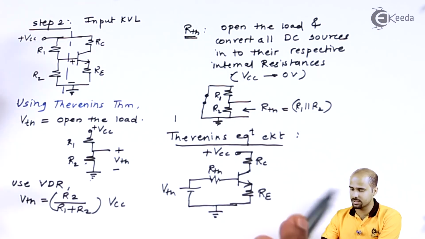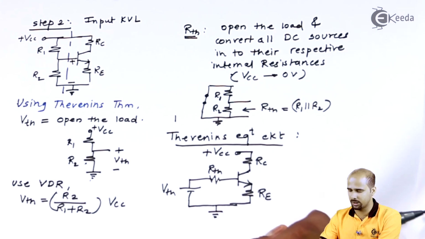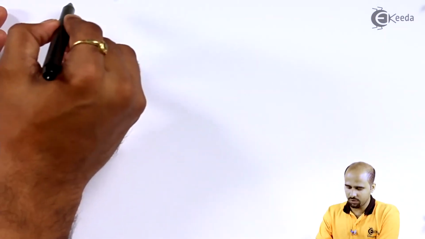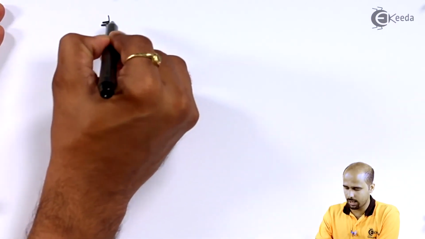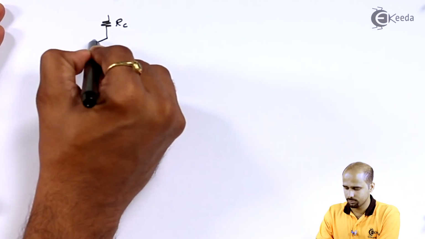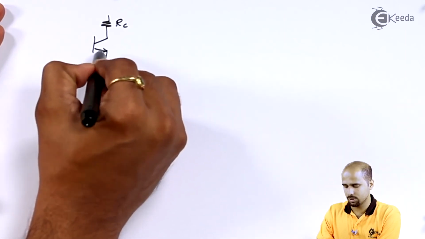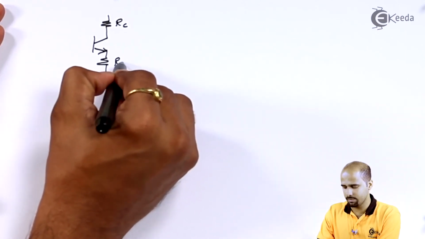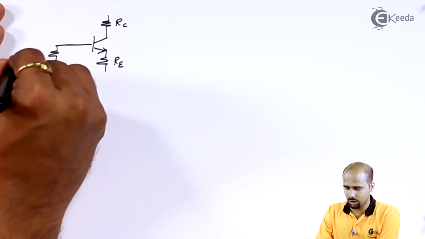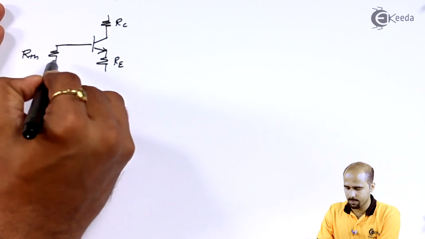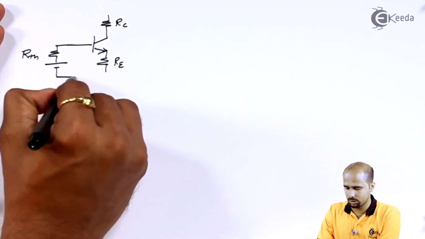Now here we will start the input KVL. Okay, so how to draw the input KVL? My modified Thevenin's equivalent circuit will look like this: this will be my RC, this will be my resistance RE, this will be my resistance RB or RTH, I can say, and this will be your VTH.